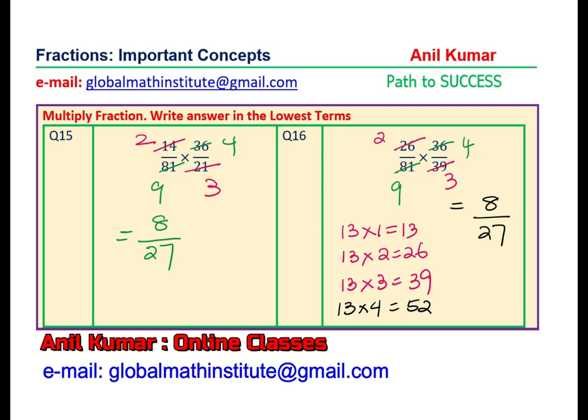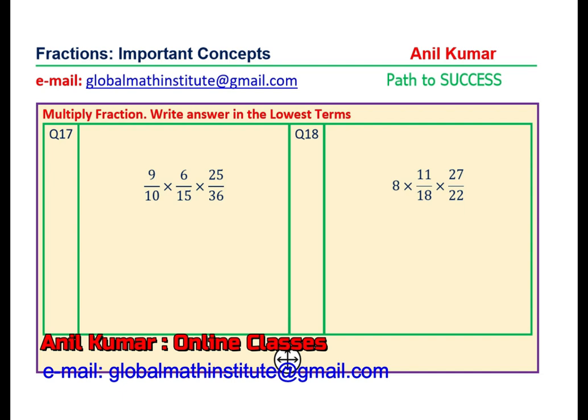Great. Now, moving forward, set of two questions 17 and 18. This time we are going to multiply three fractions. It is similar to what we had been doing, right? All the three numbers 9, 6, and 25 are in the numerator, 10, 15, and 36 are in the denominator.